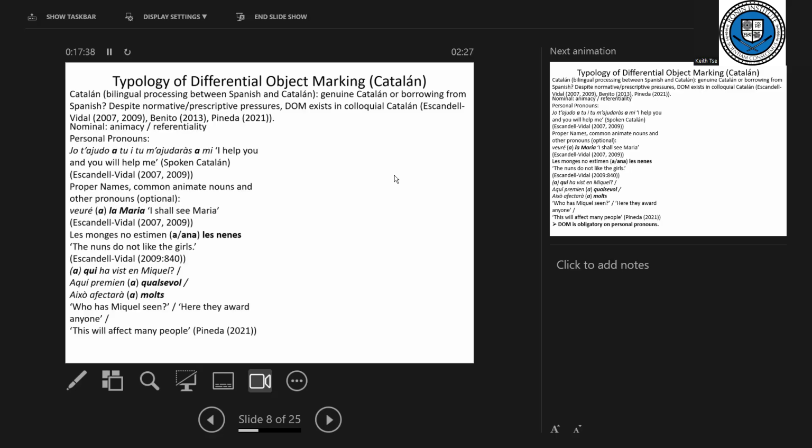Now, here are some examples. People have shown that DOM, or rather a, is obligatory for personal pronouns. So there's this example, yo te ayudo a tú, tú me ayudarás a mí, okay. A tú, a mí, etc. Otherwise, with the proper names, common animate nouns, also other pronouns, a is optional.